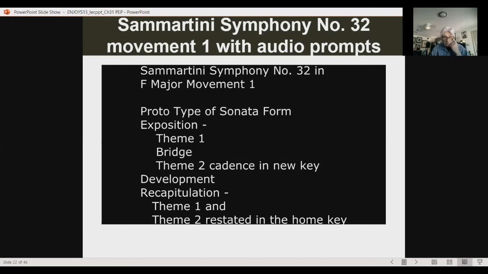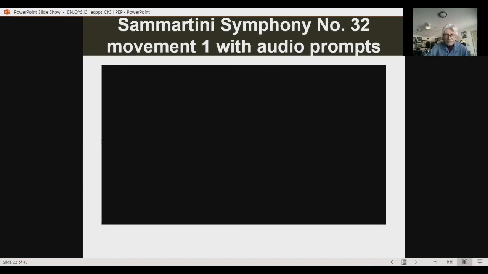Cadence. Recapitulation, theme 1. Bridge, transition, no modulation in the recapitulation. Theme 2. End. Cadence.